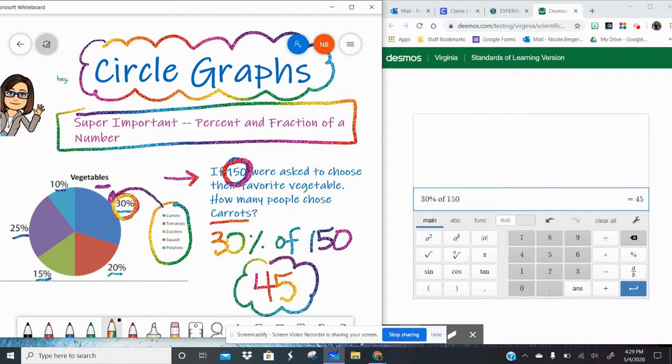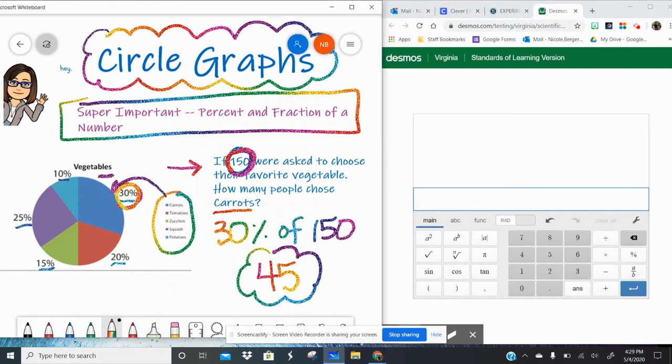That's the answer to our question. So what is percent of a number? Part of the whole. We use the Desmos calculator with this percent sign to figure out how many people are actually represented in the graph. So that's the first part.